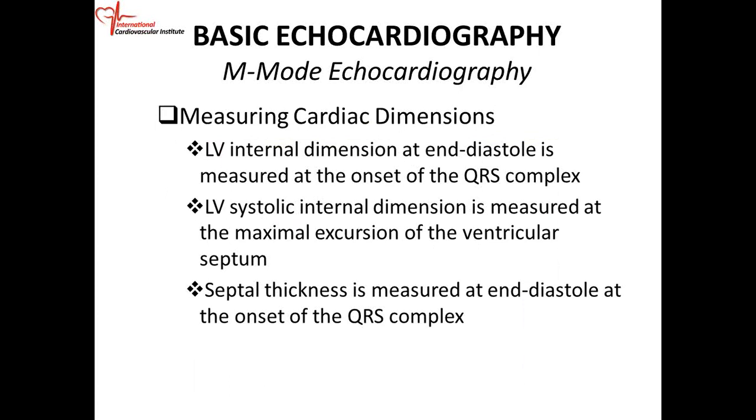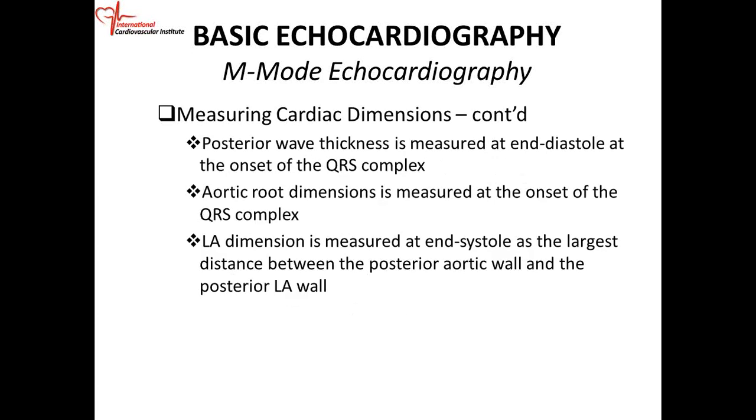For septal thickness, again, it's measured at the onset of the QRS complex, and you're going to measure just the thickness of the septum. And then the posterior wall thickness is measured at the onset of the QRS as well. So the posterior wall is measured at the onset of QRS.